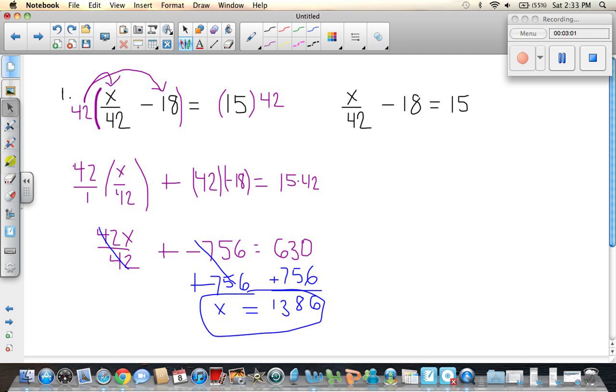In class, I showed you that it's a good idea to put your box around the x over 42 and leave that alone until you get rid of this negative 18. So I'm going to add 18 to both sides to maintain equality. And on the left side, negative 18 plus 18 gives you 0, so we're left with just the x over 42.